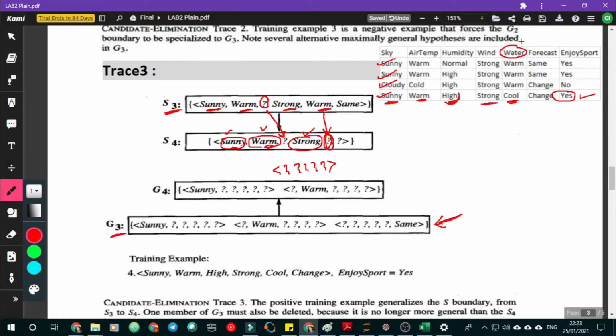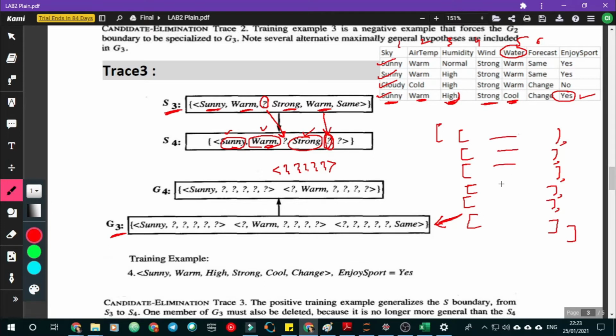Water means it is the fifth position, and this is the sixth position. 1 2 3 4, and I was telling you regarding the dimensions, right? 4, 5 and the 6th. This is done, already done.